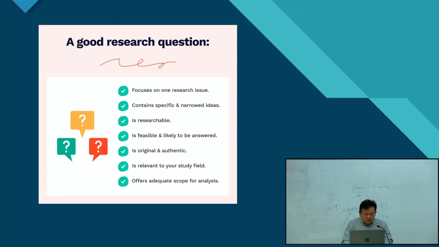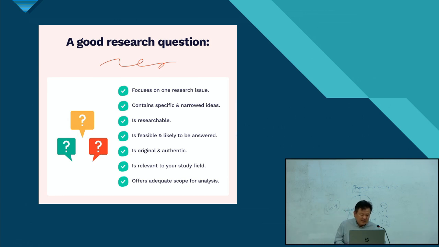A good research question is focused on one reasonable research issue. So if I want to ask about the president election, you have to make a questionnaire related to the president election only. For example, a little bit related beside that: are you Republican, are you Democratic, and then who do you support.